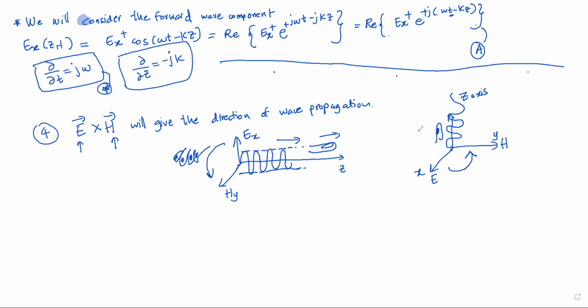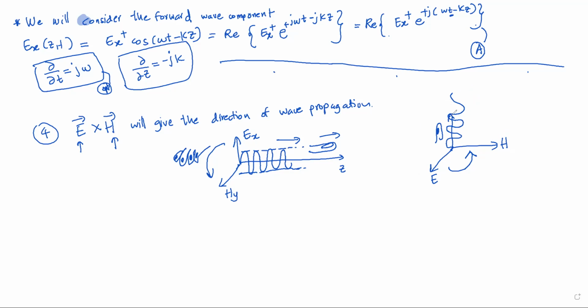Right? So you need to find specifically in what direction the wave is propagating based on the direction of the electric and the magnetic fields. So if you are given a question where I give the electric field and the magnetic field, you should be able to draw the direction of the wave propagation.